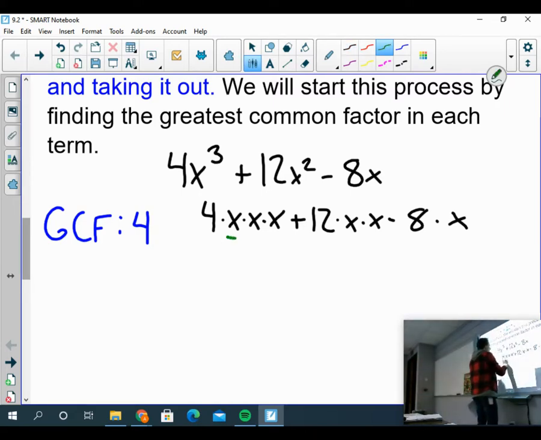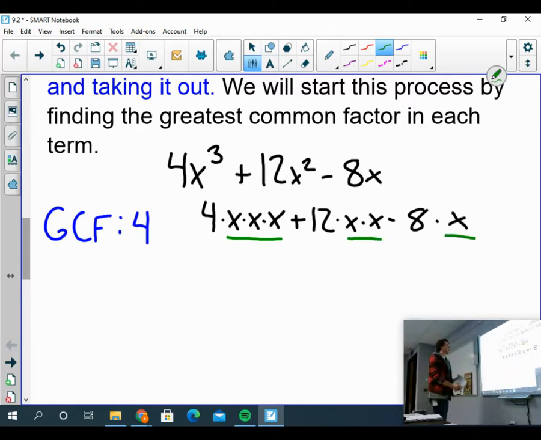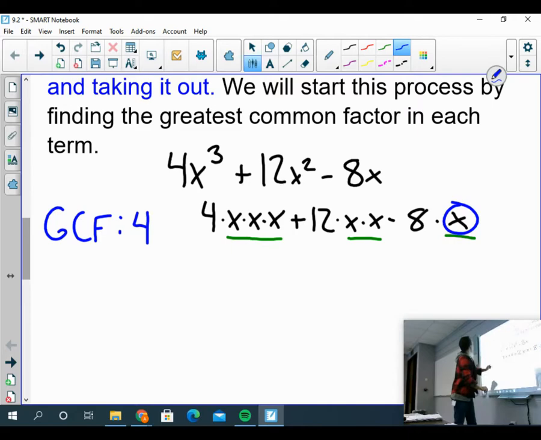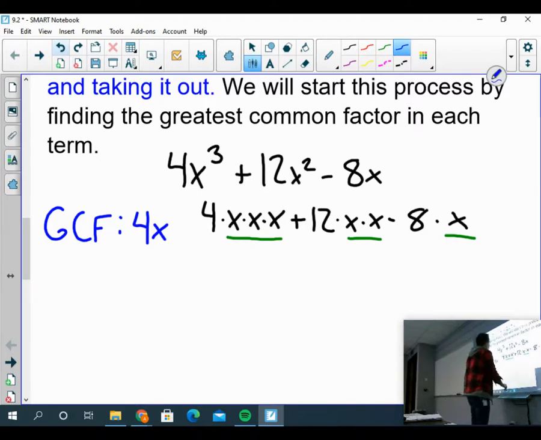I have 3 x's present here. I only have 2 here, and I have 1 here. What's the greatest common factor in the variable in terms of the x's? 1x. So what am I going to do? Well, I'm going to factor out an x from each. In other words, factoring that out means I'm going to divide each by an x.